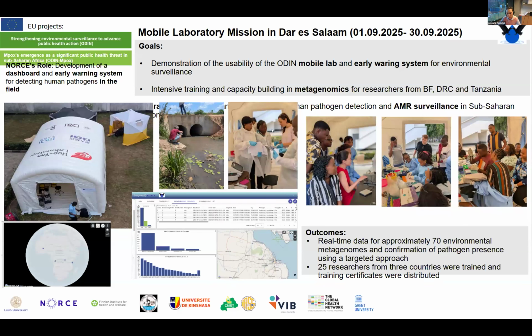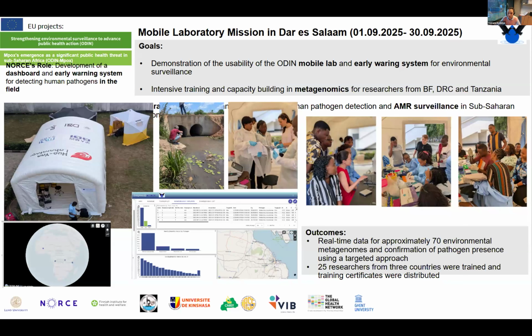But we believe that sustainable impact beyond the project end requires continuous communication and a deep understanding of the existing mobile laboratory infrastructure.